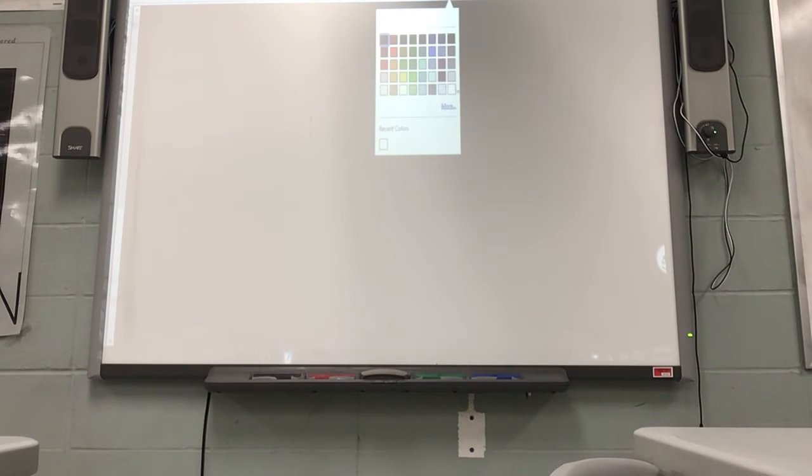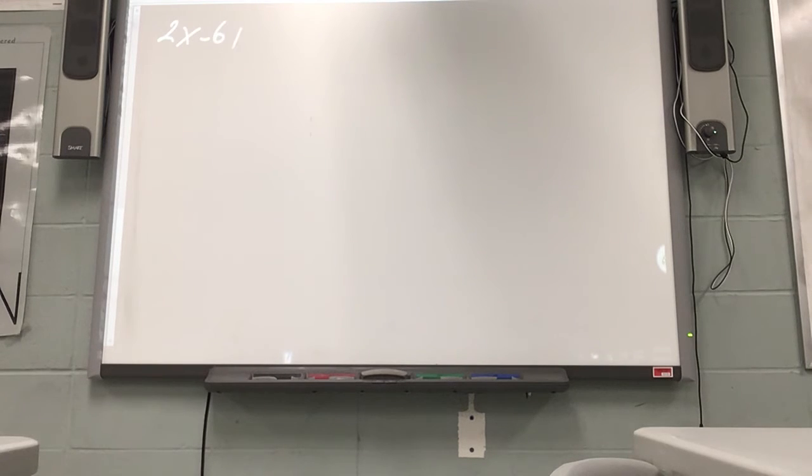There it is. I need a white pen now. Alright, so what I got here says 2x minus 6y plus 9z, always put a line through my z's so I don't think they're twos, equals -8.